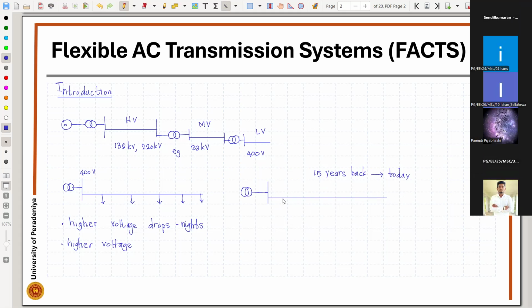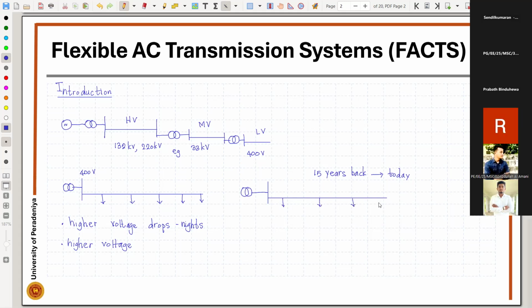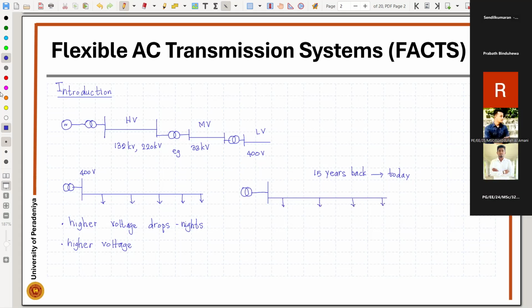What you have seen is that at the beginning you may have had a very limited number of customers, but by now a large number of customers have been added to the distribution network.